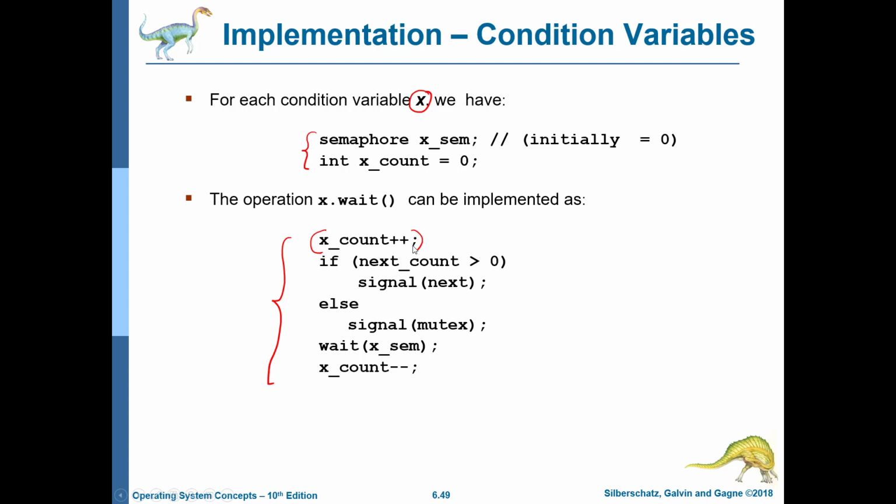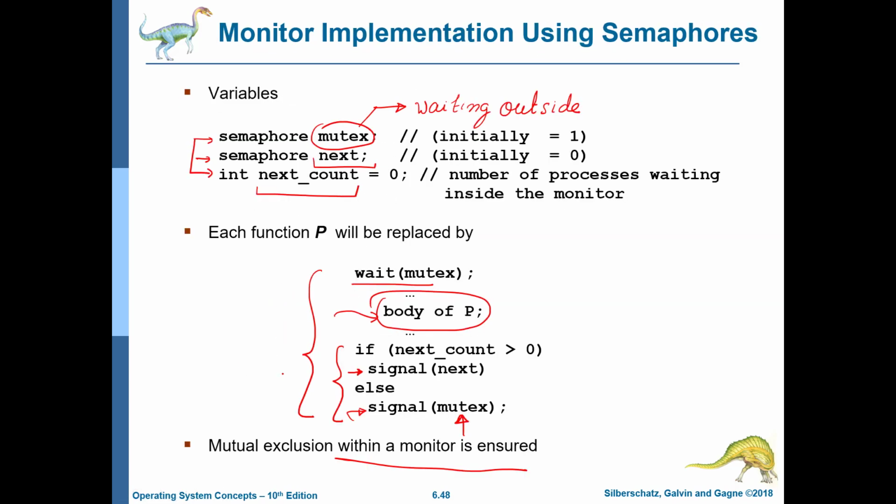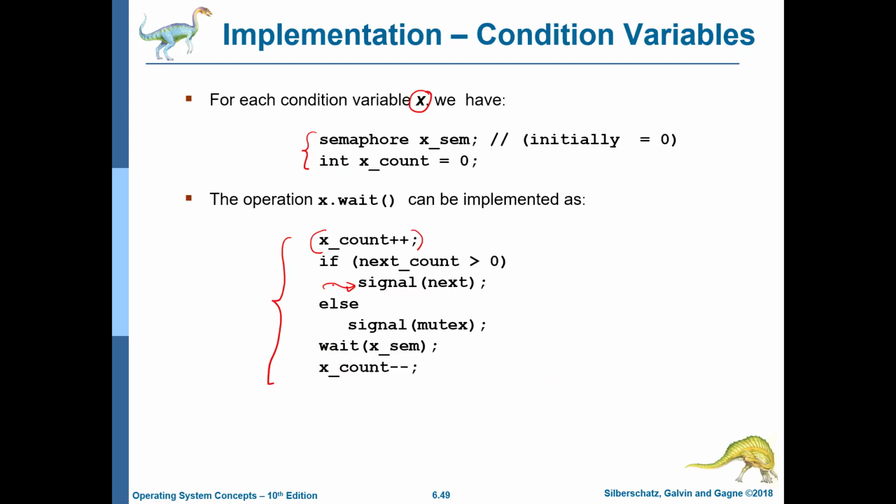If next count is greater than 0, which means there is indeed a process waiting inside, we signal that process. Otherwise, as we have seen on the previous slide, we signal a process which is waiting outside, if you don't find something waiting inside.